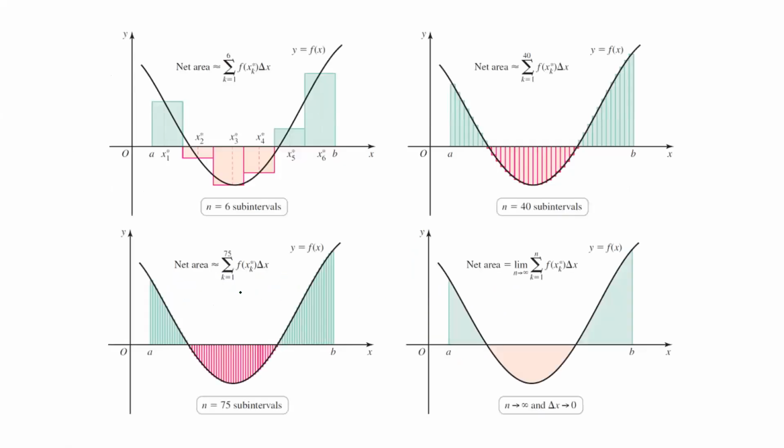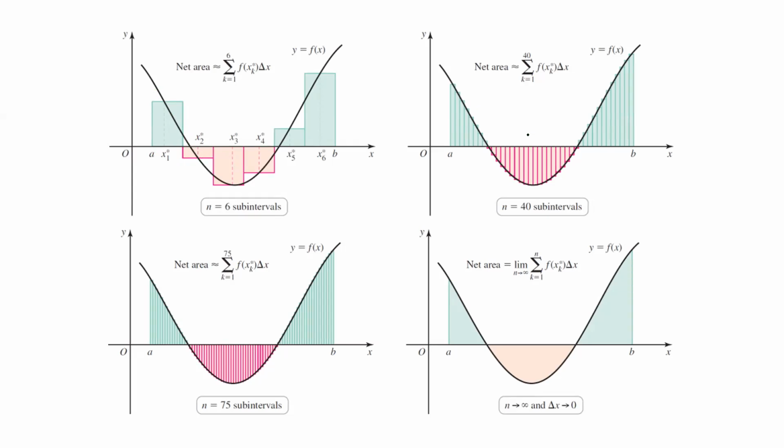Here's a picture to see how that basic idea works. The Riemann sum here with 6 rectangles is not a perfect estimate of the net area, since of course we see there are large gaps between the rectangles and the curve.